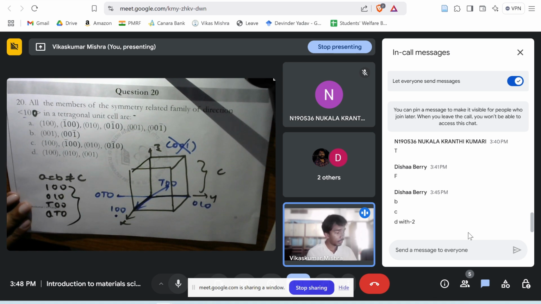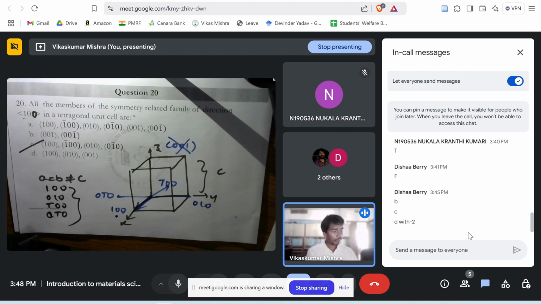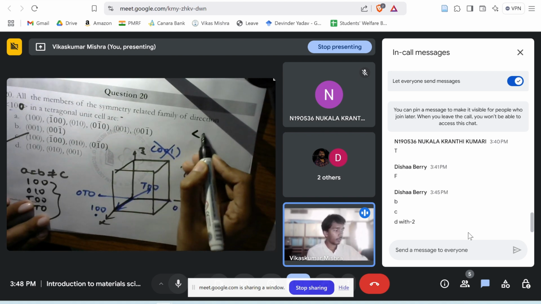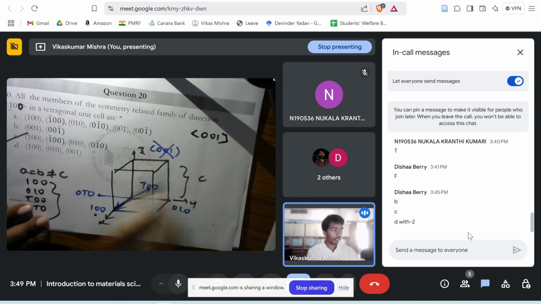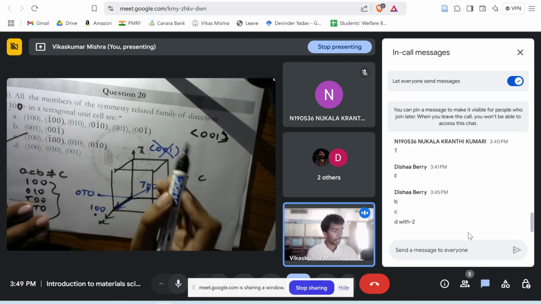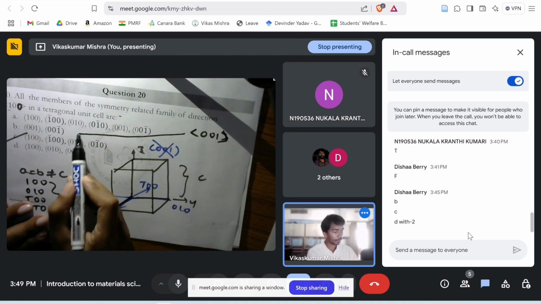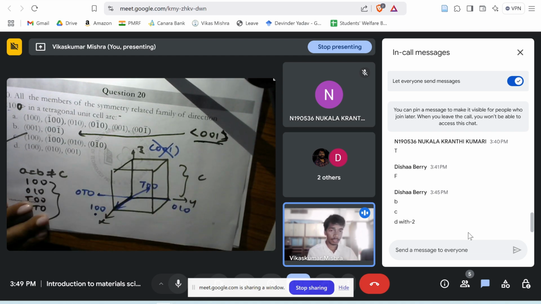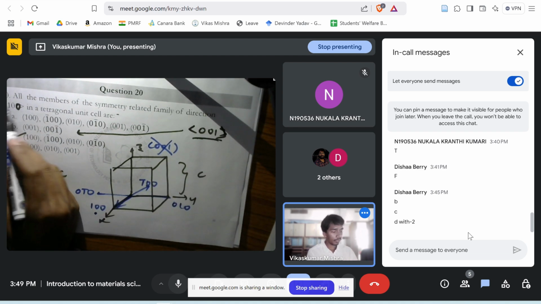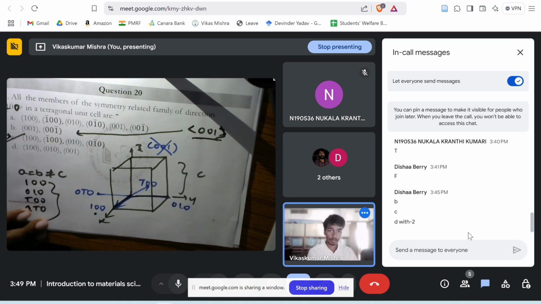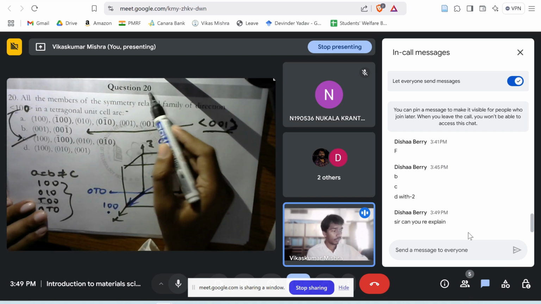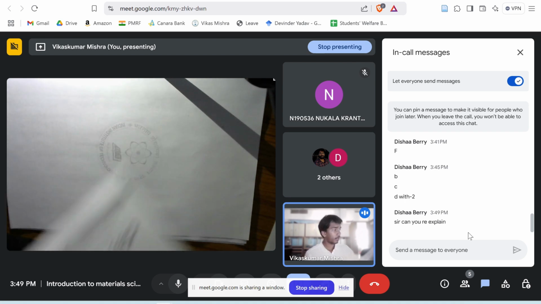I think it's in option C. If I had asked you about 0 0 1, the correct answer would have been B. For this family the right answer is C, and that's how we have solved this question. Let's move to the next one.